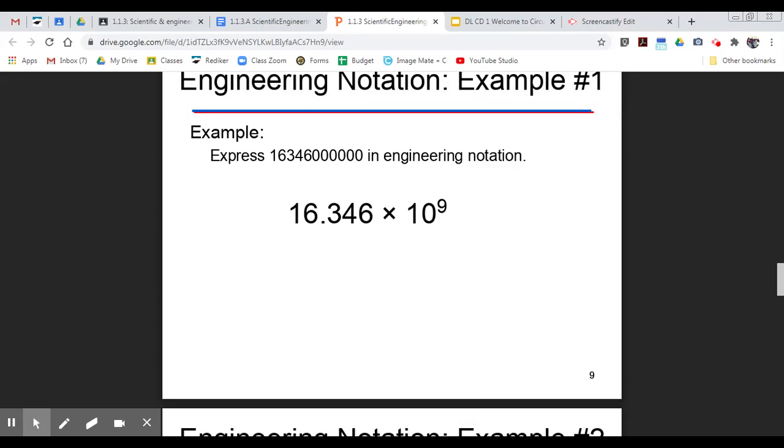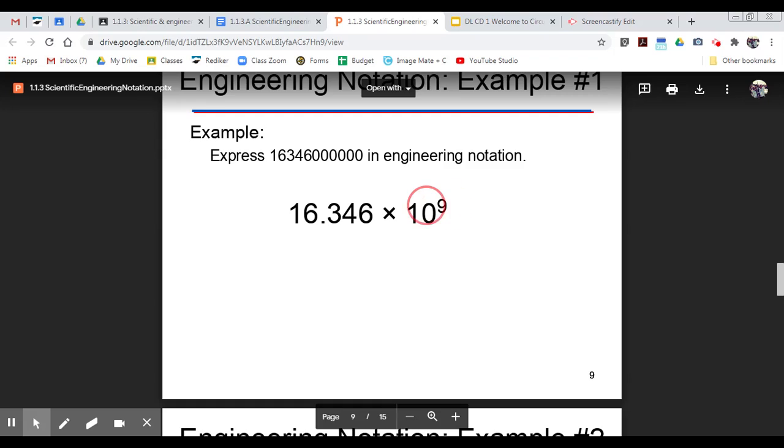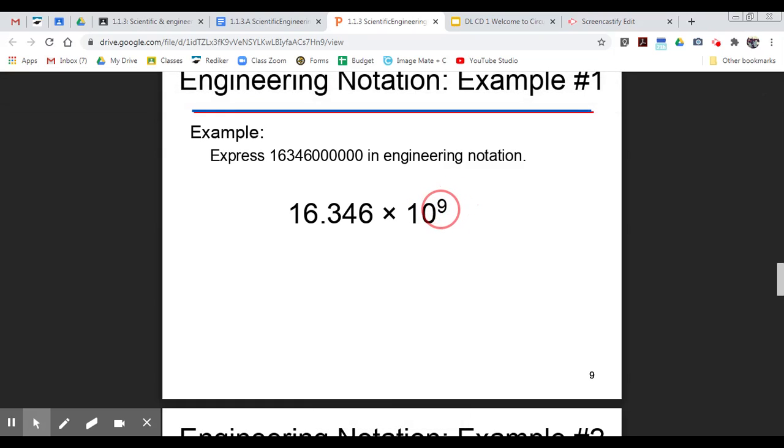So we have 1, 2, 3, 4, 5, 6, 7, 8, 9, 10. 10 that we could move it over for scientific notation. However, if we did 1.6346 times 10 to the 10th, that wouldn't be engineering notation because this needs to be a power of 3.